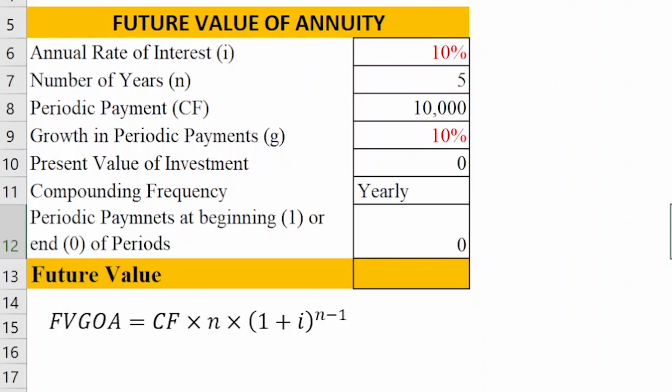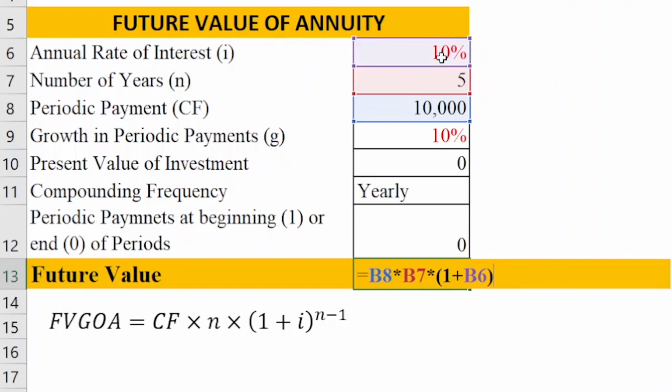In this example, the interest rate and the growth rate are both same. So our formula will be equal to cash flow into n number of years into 1 plus I raised to power n minus 1. N is 5 minus 1 and press enter.